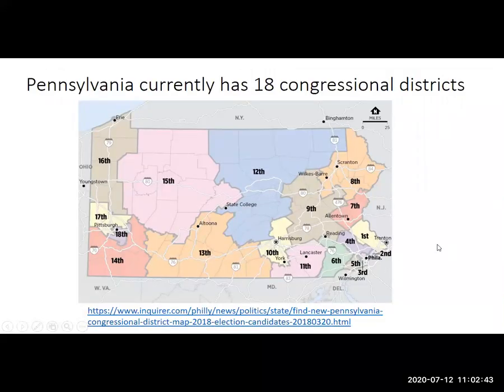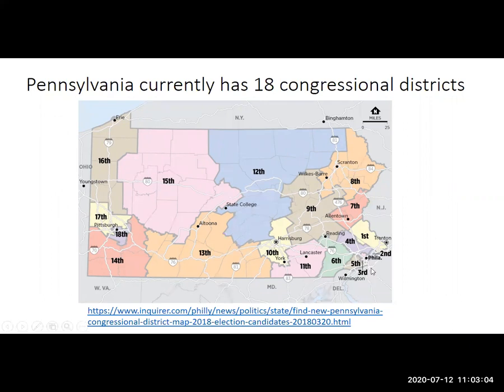Pennsylvania currently, and again, this is 2018, has 18 congressional districts, and we can see the distribution of this. Each one of these congressional districts is going to represent a population of individuals living within Pennsylvania.